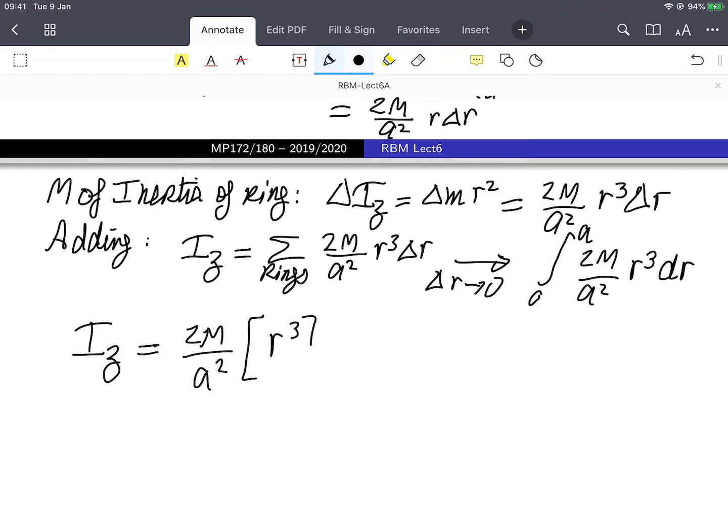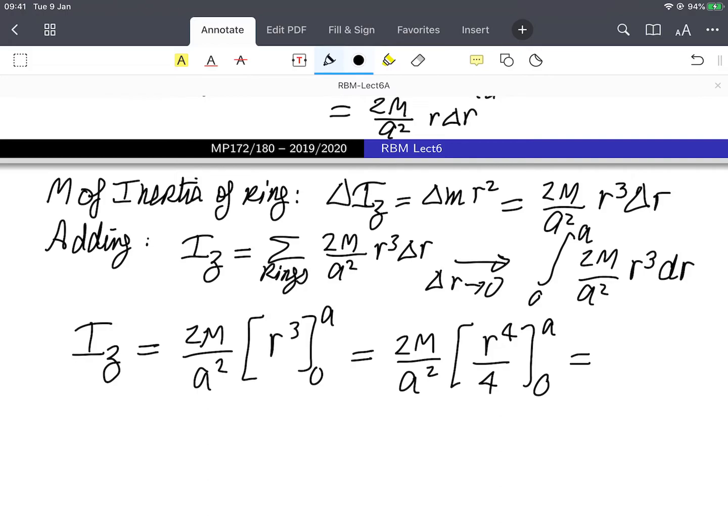What's the integral of r cubed? It's r to the power 4. Almost, right? If I had r to the power 4 and I differentiated, I would get 4r cubed. I don't want that 4, so I have to divide by 4. I get my integral.